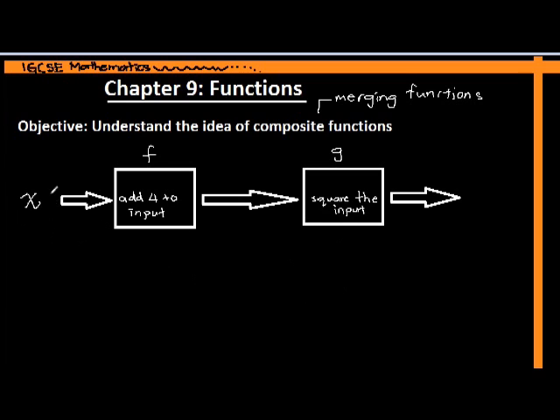After we feed x into function f, the output is x plus 4, and the output from here will become the input for g. So square the input means square x plus 4, so the output here will be the square of x plus 4.